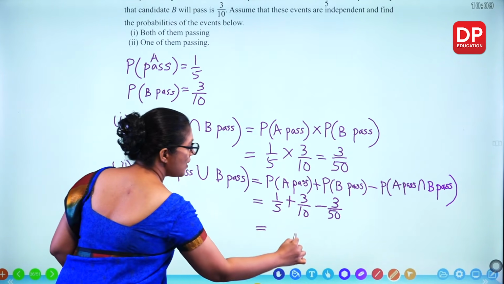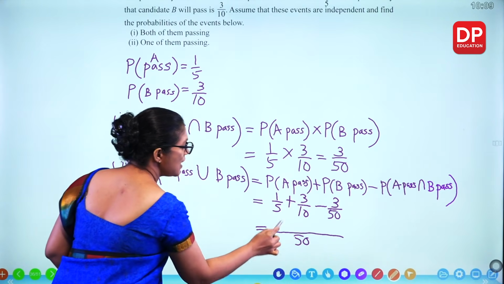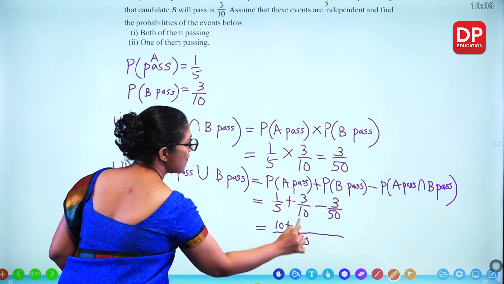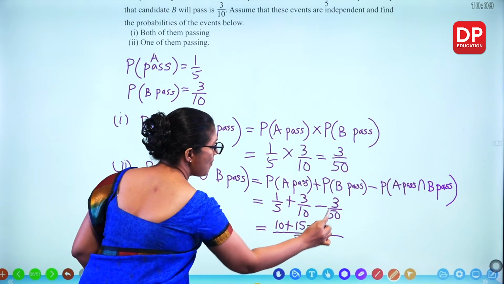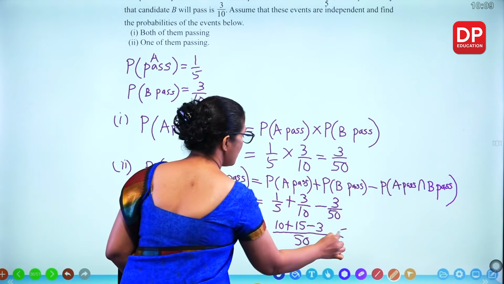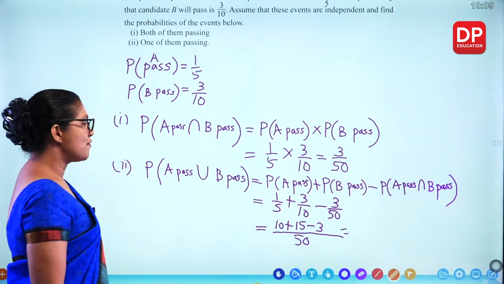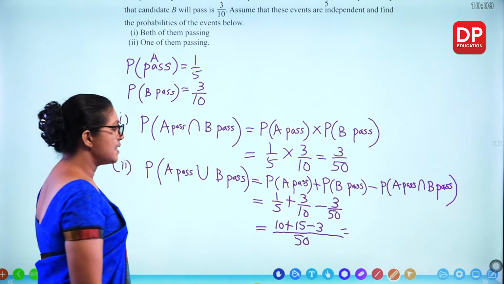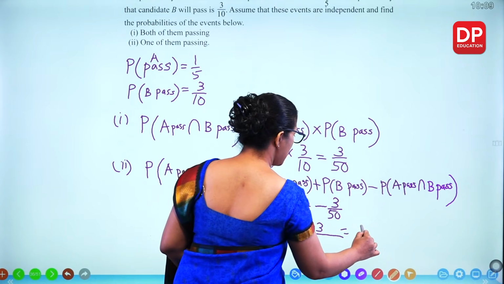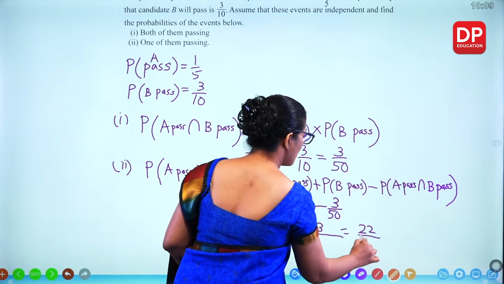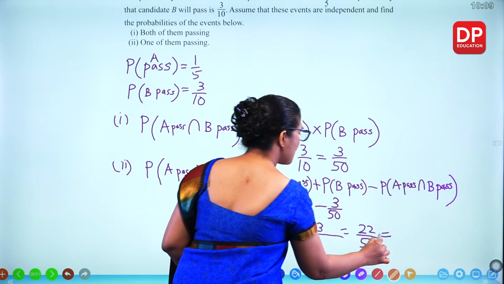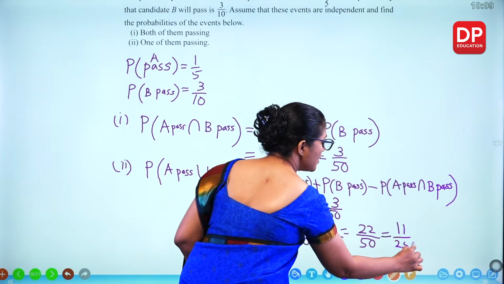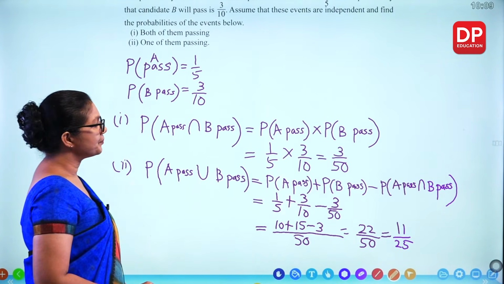Then the common denominator we can take as 50, multiply this by 10, this by 5. 5 times 3 is 15, minus 3, you get 10 plus 15, 25, 25 minus 3, you get 22. 22 over 50, when you divide by 2, 11 over 25.